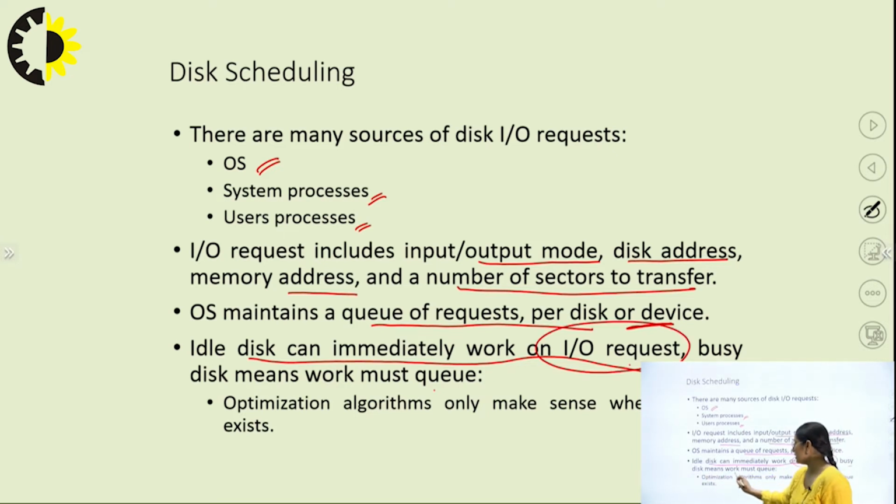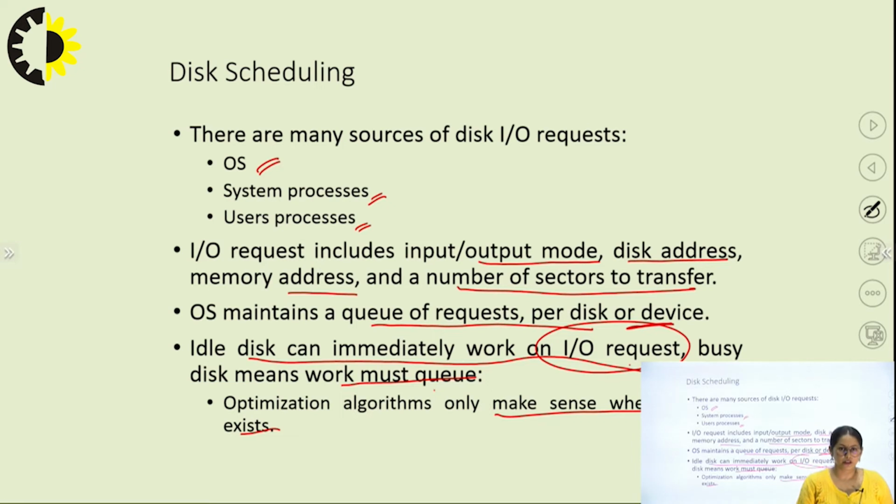Busy disk means work must queue. If your disk is busy, then your request will be inserted inside the queue, and as per the queue, your input output request will be accessed. An optimization algorithm only makes sense when a queue exists. So all these disk scheduling algorithms come into play when you have a queue.